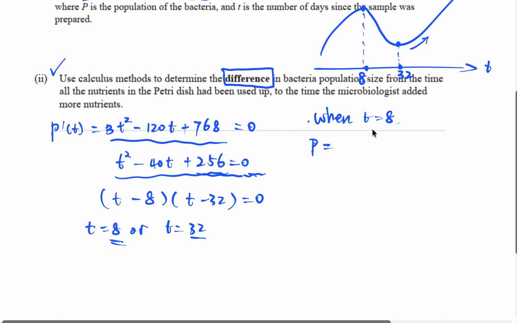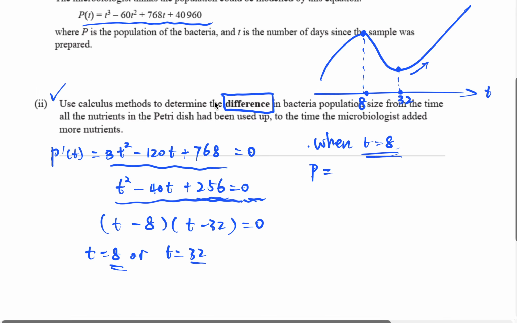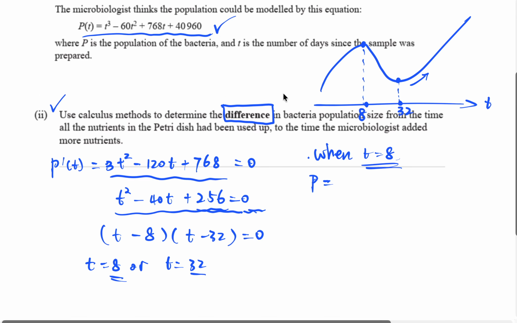I'm substituting this value back into the original function, the population, without the dash. So it's 8 cubed minus 60 times 8 squared plus 768 times 8 plus this number, 40,960.